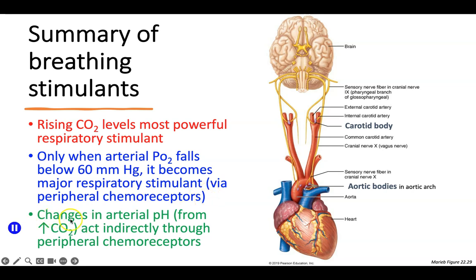And finally, third, changes in arterial pH, typically from increasing carbon dioxide, but sometimes from other metabolic sources. That changing pH is going to act indirectly through peripheral chemoreceptors. So as you see acidification of the blood, you're going to see additional ventilation.